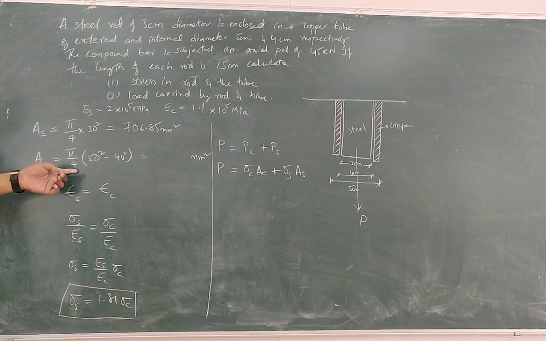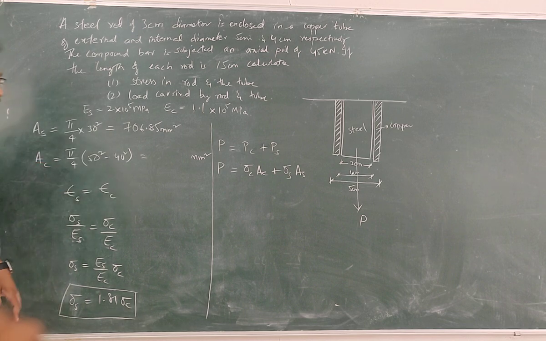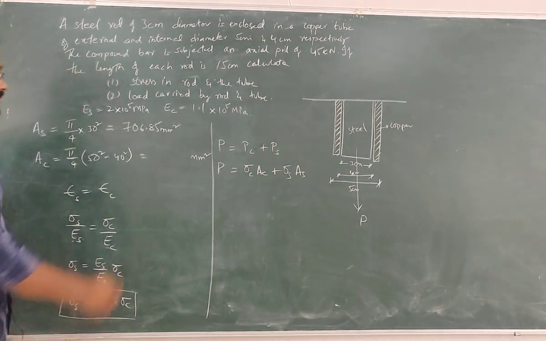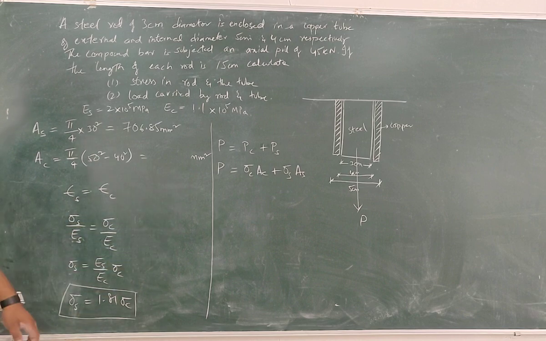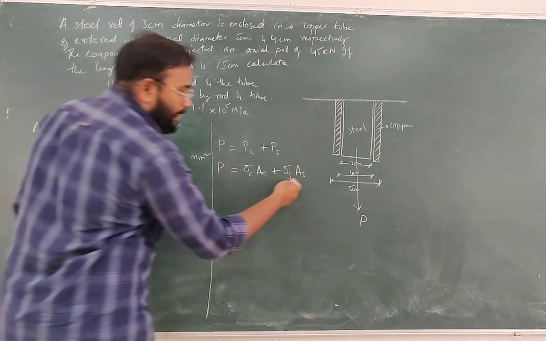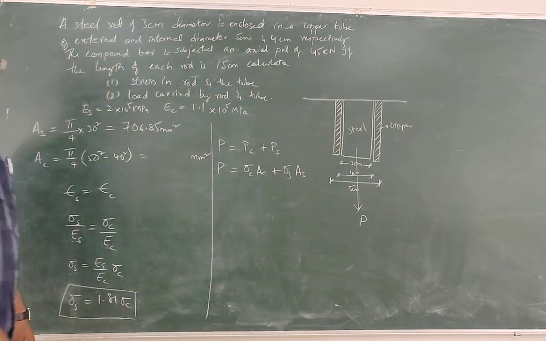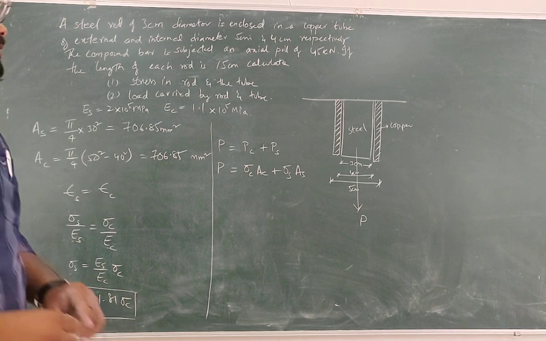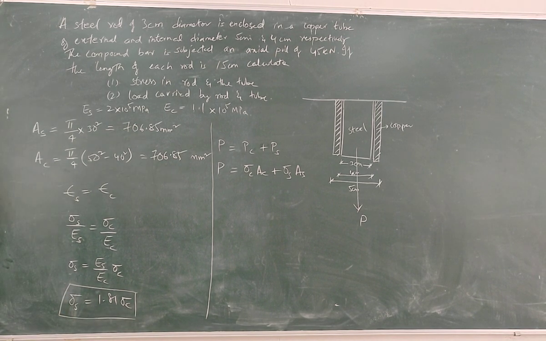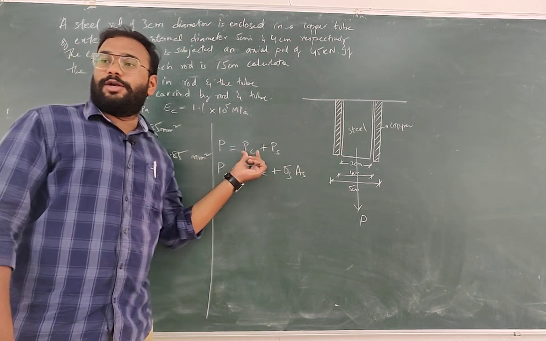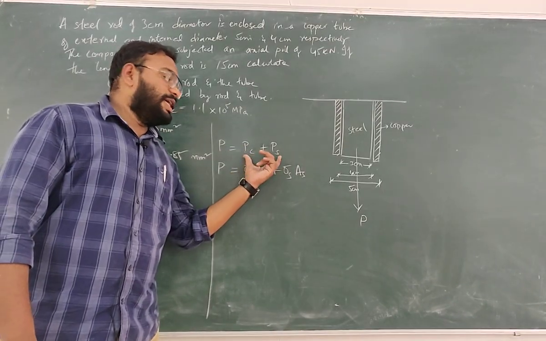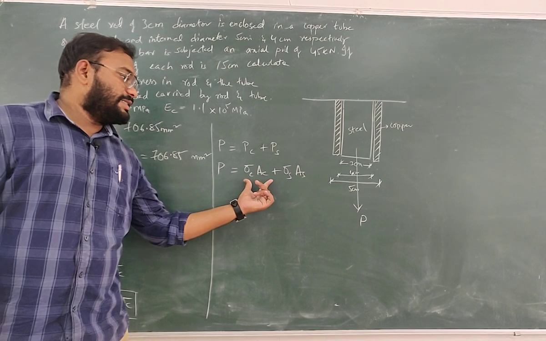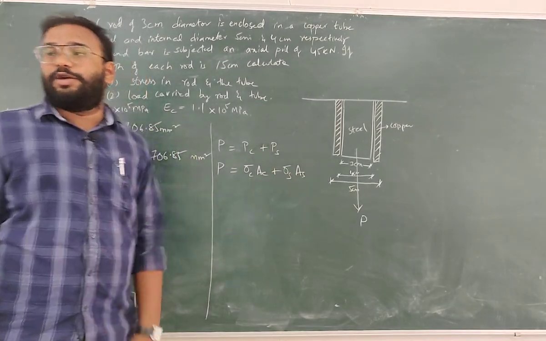This is also 706.85. Okay, let it be: sigma c into AC plus sigma s into AS. Write it down. Next, capital P is equal to PS plus PC. PC is sigma c into AC plus sigma s into AS.